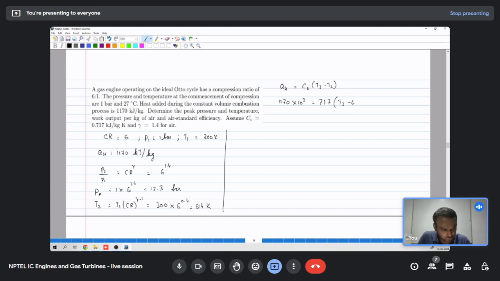T2 is 614 Kelvin. So T3 can be calculated as 1170 into 10 power 3 divided by 717 plus 614. This is 2246 Kelvin.